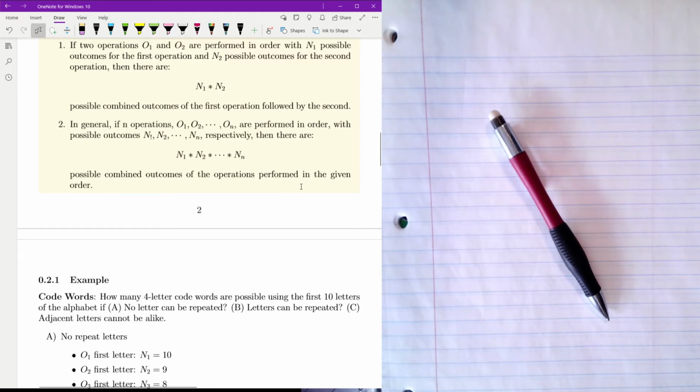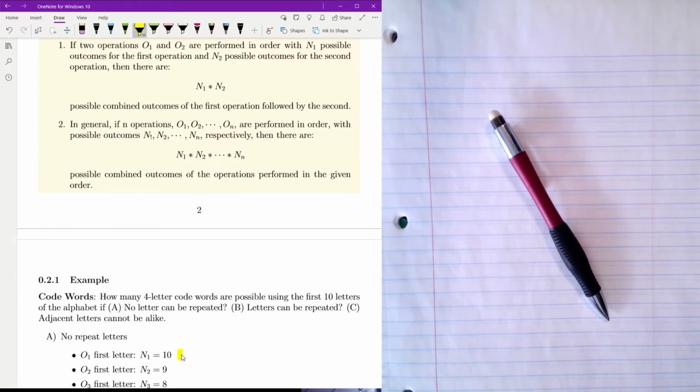So, code words. How many 4-letter code words are possible using the first 10 letters of the alphabet? Okay. First 10 letters of the alphabet. No letter can be repeated. So once you use a letter, you take it out. So that means for the first operation, there's 10 possibilities.